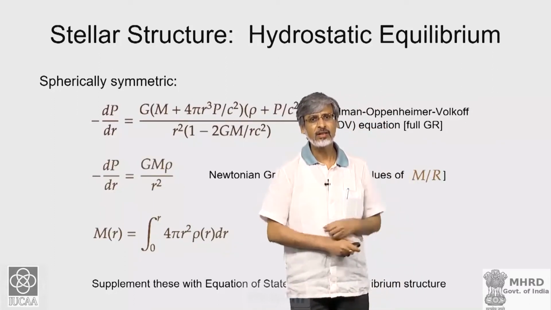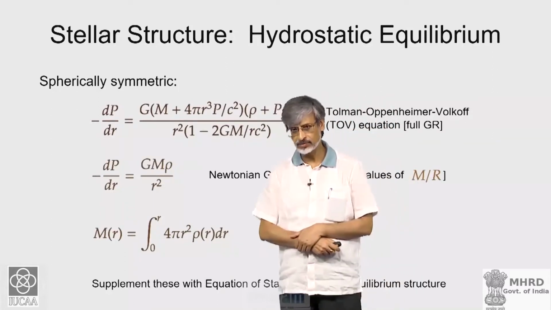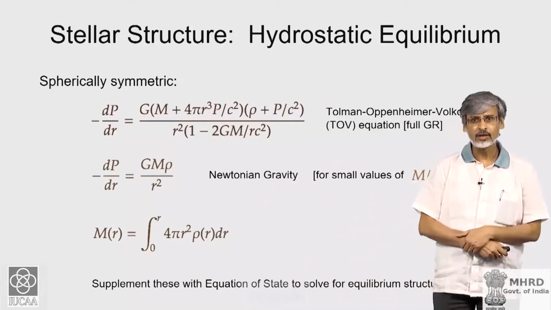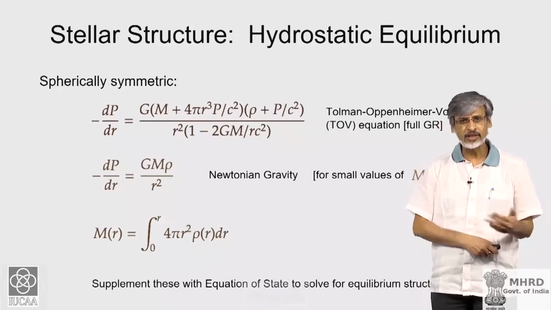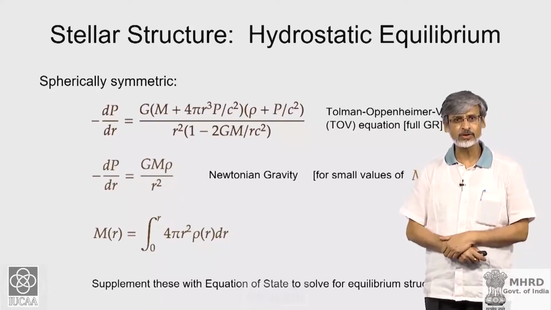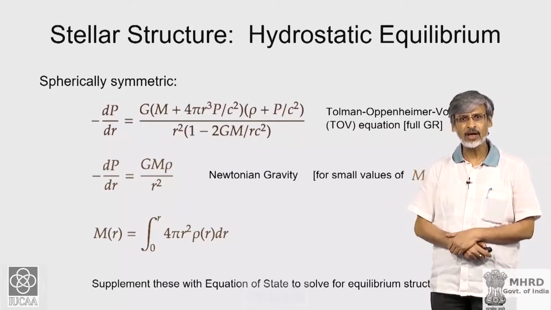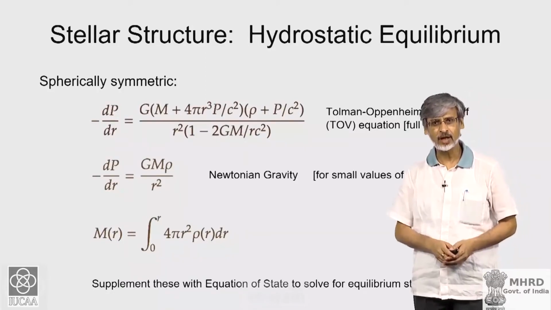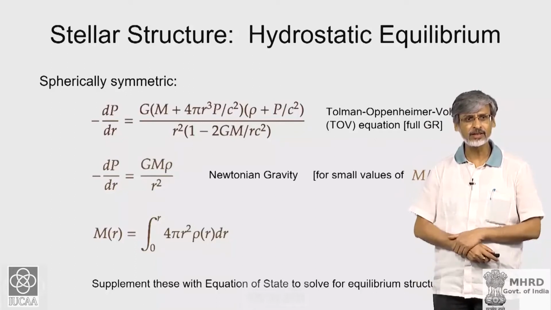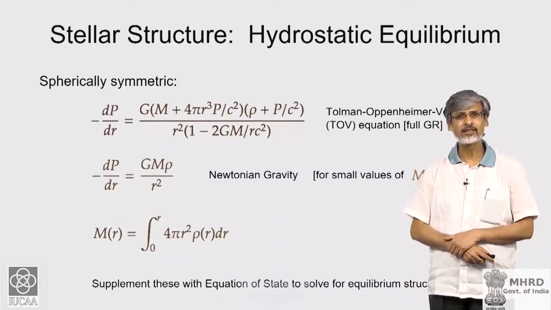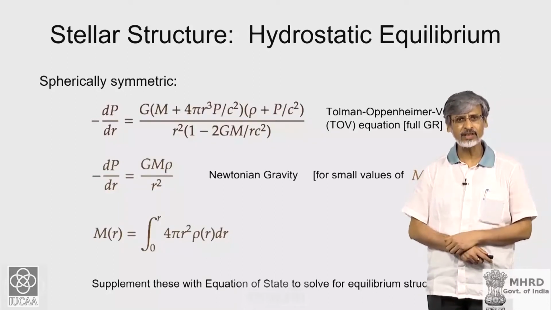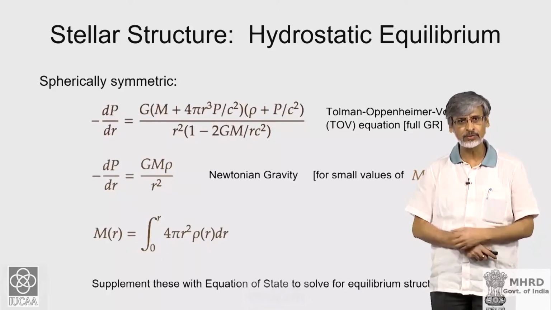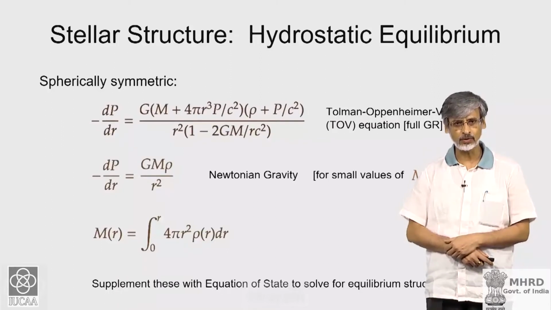So, this gives you the equation of stellar hydrostatic equilibrium, but just by itself this equation cannot be solved. You have to supply a relation between the pressure which appears on the left hand side and density which appears on the right hand side, and once you supply that, the system of equations becomes closed and you can solve it.